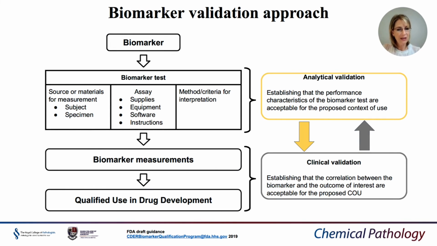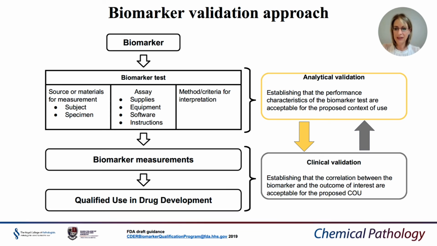Analytical validation and clinical validation are distinct processes, as we know, in terms of a biomarker validation process. However, the two processes are interdependent. A reliable test should be used to measure the biomarker before the biomarker is implemented or introduced into the laboratory, and there are specific processes to follow.